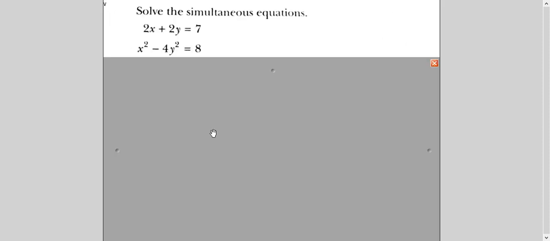When we have a linear equation and a non-linear equation, the technique is to make a variable the subject from the linear equation. Let me call this equation 1 and this equation 2. I can make x the subject here, and you know what it will become? I have taken 2y to the other side.